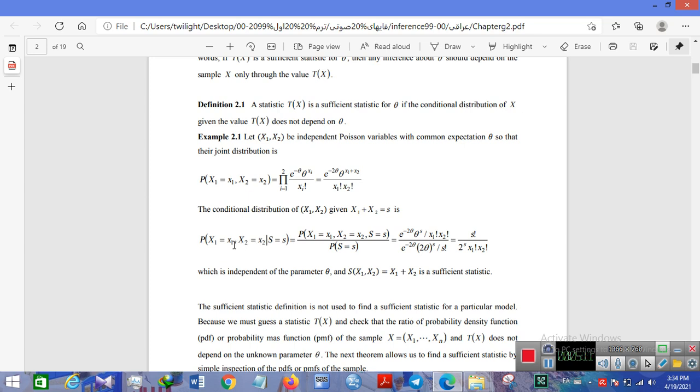As we know, it equals the probability of x1 and x2 and s divided by the probability of S equals s. We know the distribution of x1 plus x2 is Poisson with expectation 2 theta. So we can write this form as a probability.